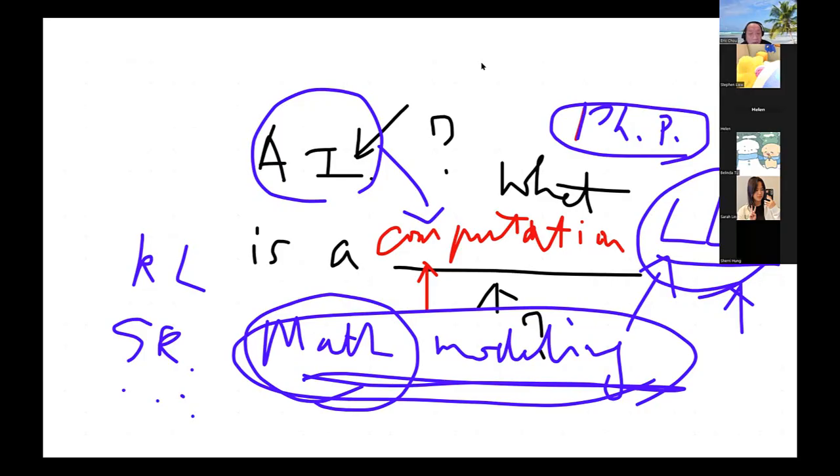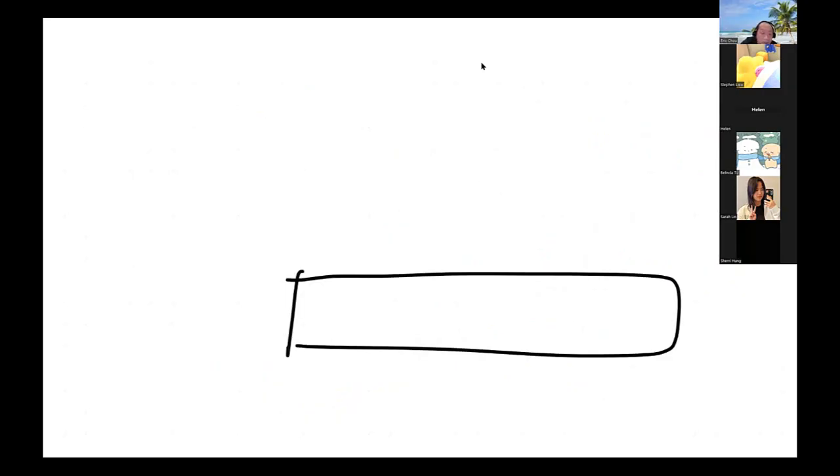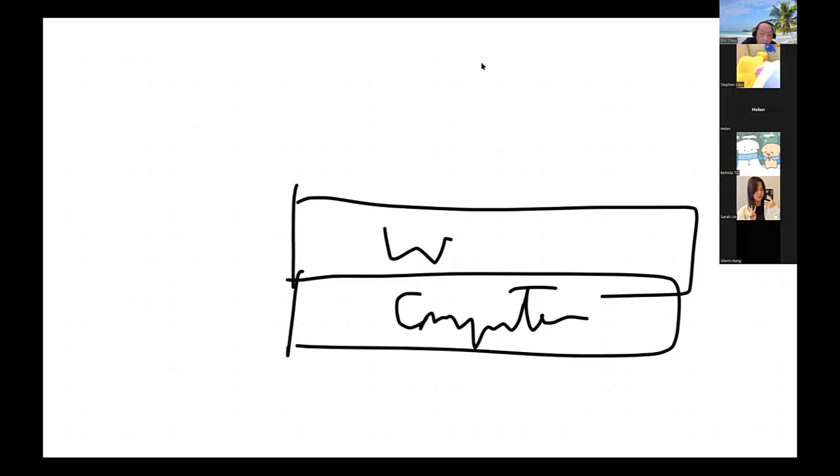That is one computation. So the computation will happen on a computer. So basically, you got a computer. On top of it, you have Windows or sometimes Linux. And this is the OS.